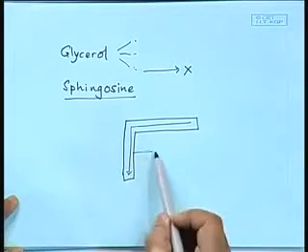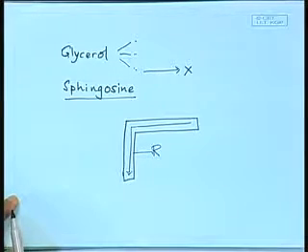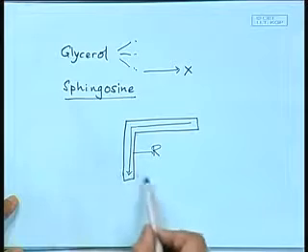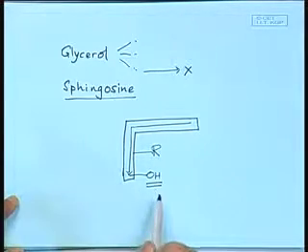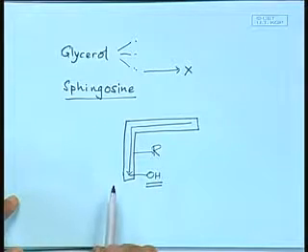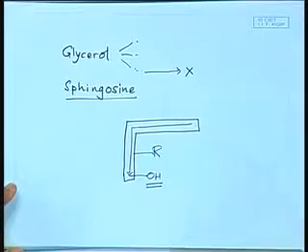What you have here is a fatty acid attached, forming a ceramide. Then this OH can be linked to what? It can be linked to a sugar to form a cerebroside. It can be linked to a phosphocholine forming a sphingomyelin. Okay, so that is the basic structure of all this.